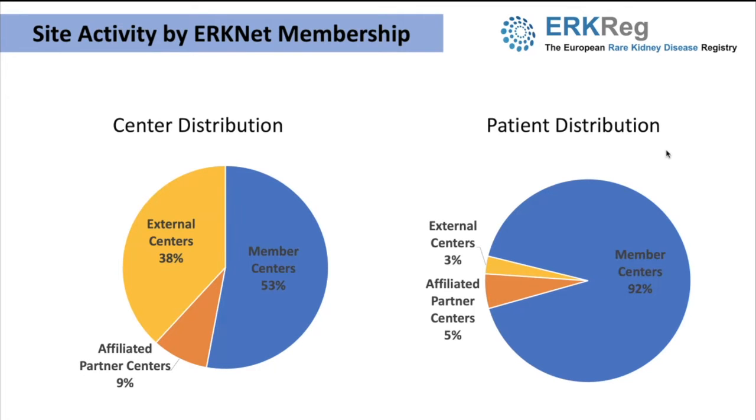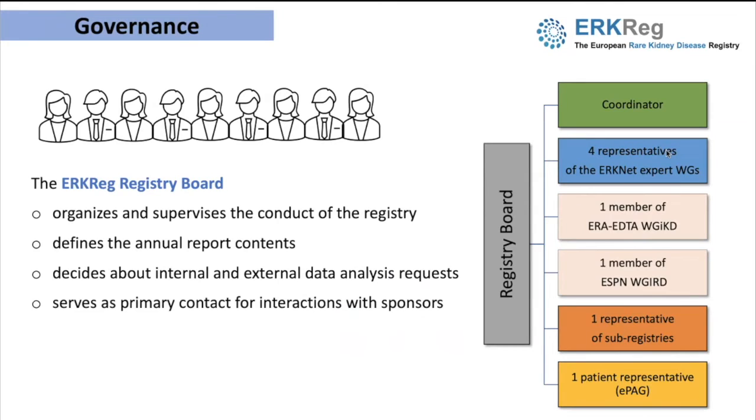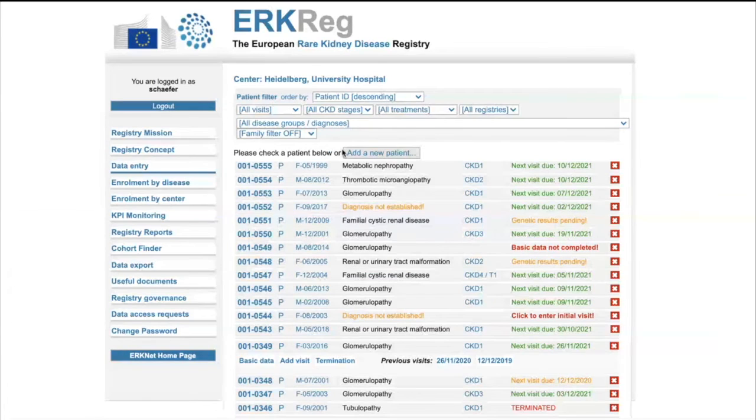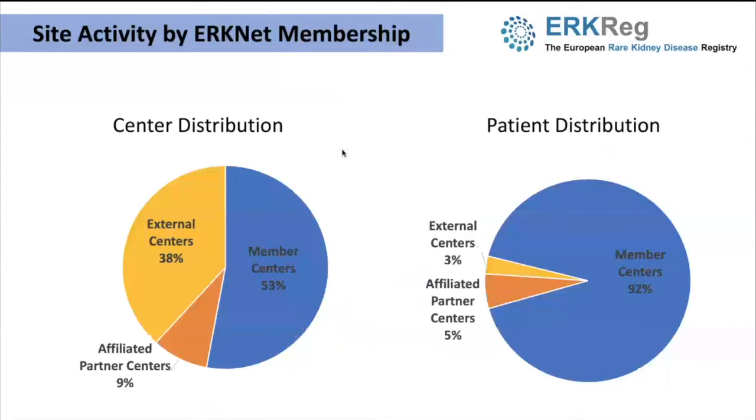We have opened the registry. Maybe I can go back to this slide. Not only to the ERKNet members and the affiliated partners, but also to other interested centers outside the ERN community. And indeed, there is a kind of interest of external centers.